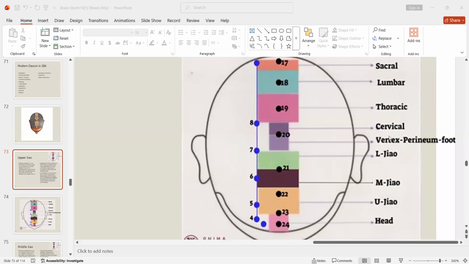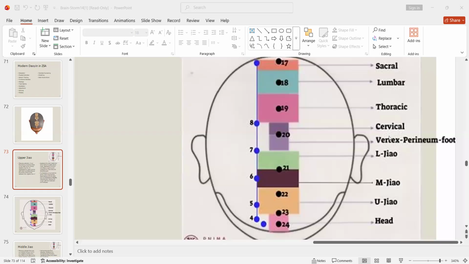the 1.5 chun area. Then the next area is the lower geo area. The lower geo area is half chun above the middle geo area. Okay, it overlaps the middle geo by half chun.